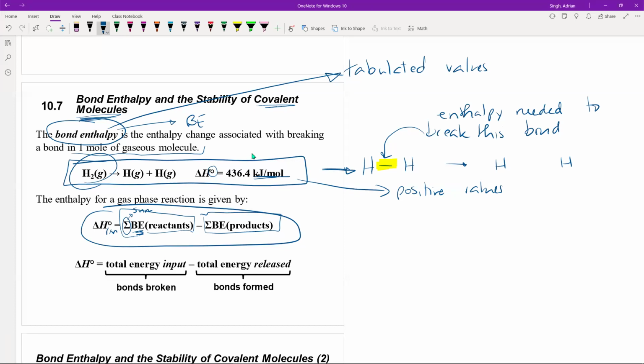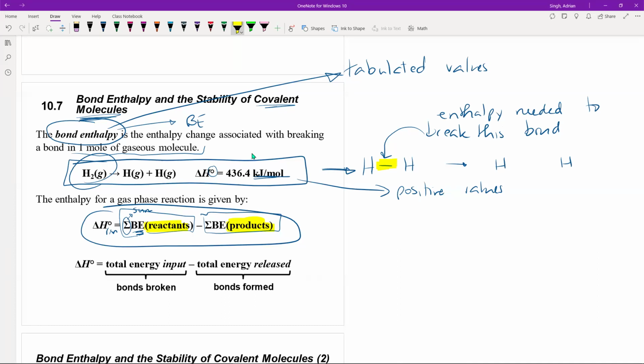So the way that we address that in our equation is we write it this way: the bond enthalpy for the reactants minus the bond enthalpy for the products. We add together all of the bond enthalpies for the reactants, that's a positive value. We add together the bond enthalpy for the products, that's a positive value, and we just subtract reactants minus products, which is going to give us the enthalpy change for that reaction.